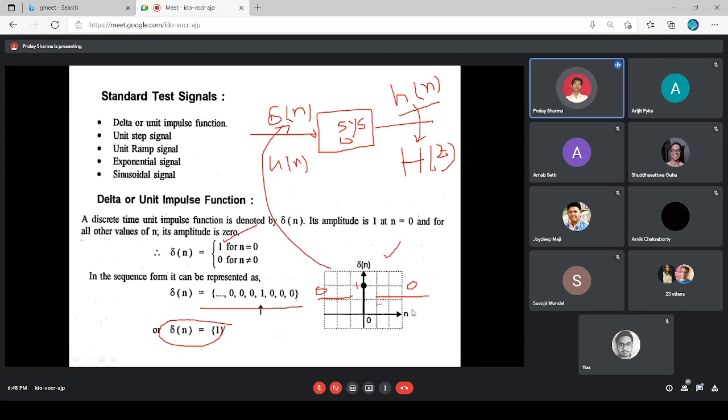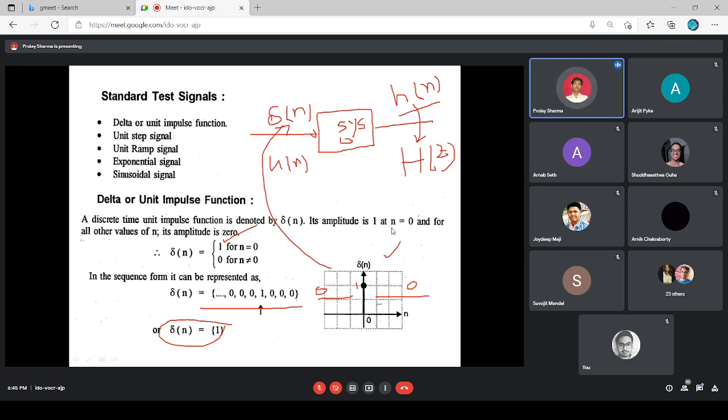So the delta or unit impulse function looks like this. The amplitude is 1 and only one unit of sample value is there. A discrete delta signal is represented by delta n.